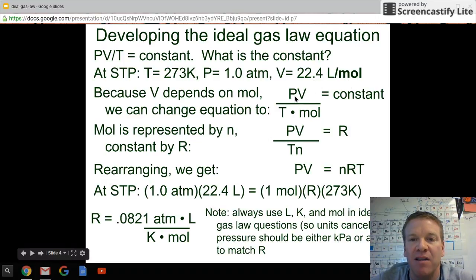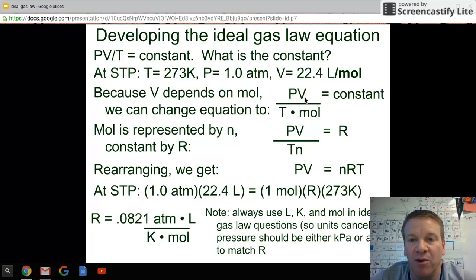So if I plug these in, 1 atmosphere times 22.4 liters over 273 Kelvin times 1 mole. And the reason the moles fit down here is because they have a direct relationship with pressure and volume. That should hopefully make sense. The more gas you have, the greater the pressure and the greater the volume you're going to have.